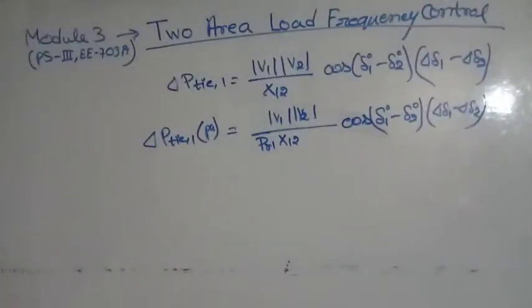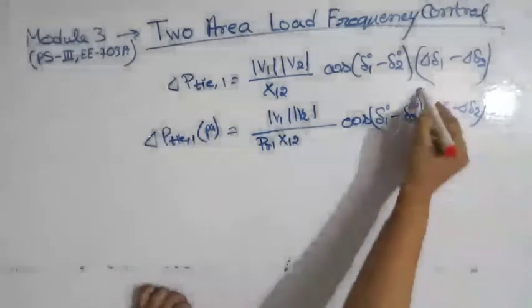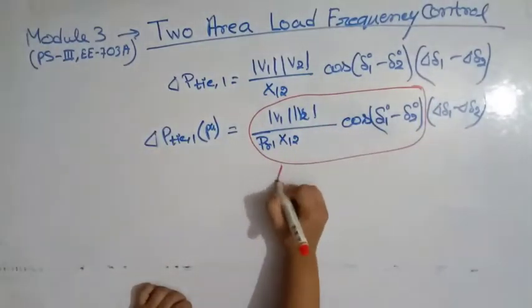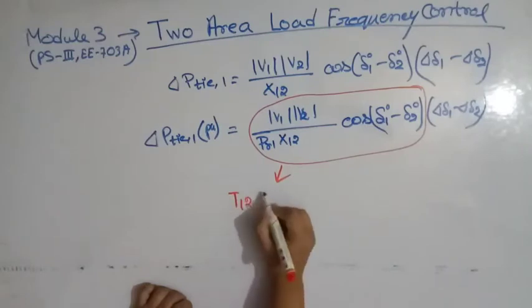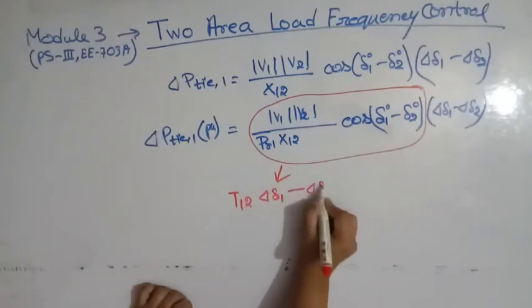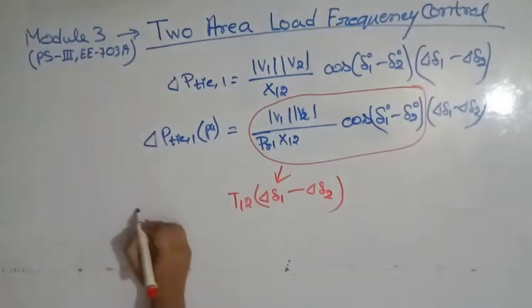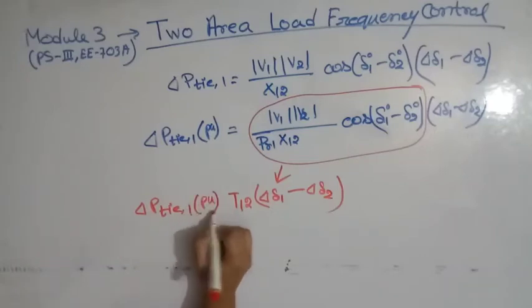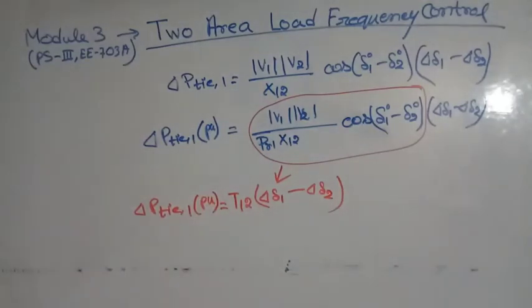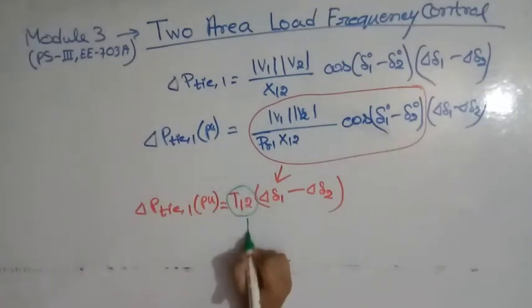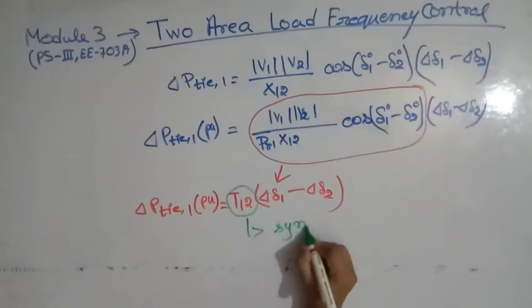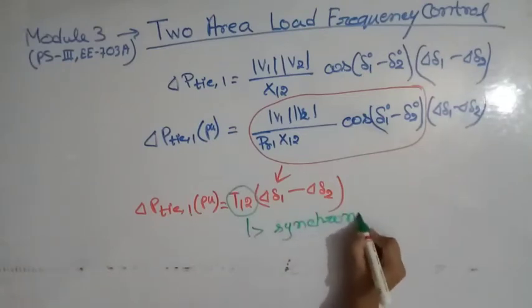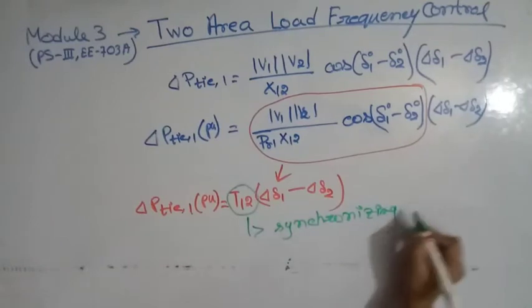Now this equals T12 times d delta 1 minus d delta 2. So delta P tie 1 per unit equals T12 times delta 1 minus delta 2. Now this T12 is known as the synchronizing coefficient.